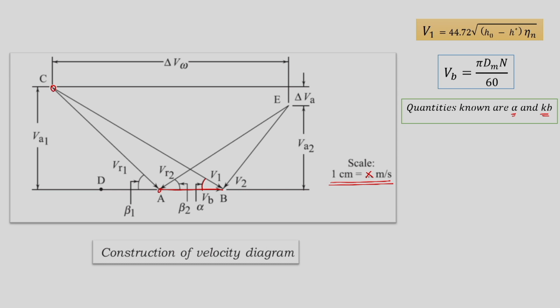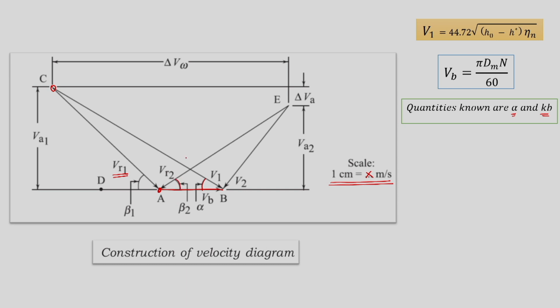Knowing the point C, we can connect it with point A, and then VR1 will be known to us. Further, we know that there is a factor which is Kb. So, from that we can know VR2, and we also know the blades are symmetric, so we know beta 1 and beta 2.